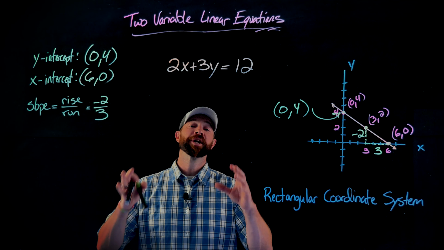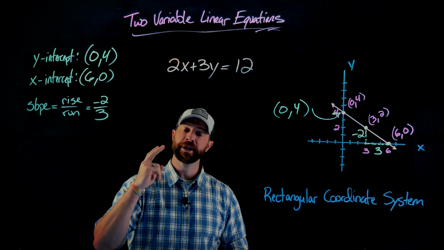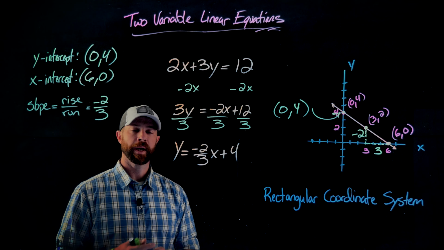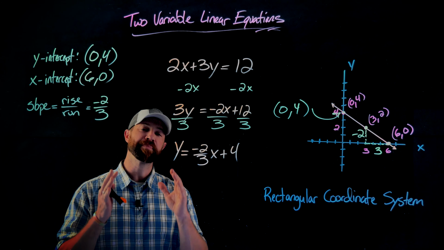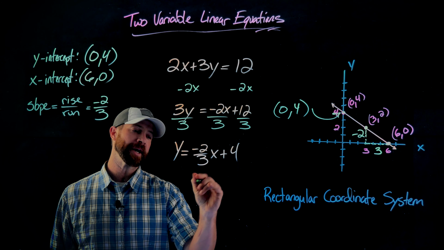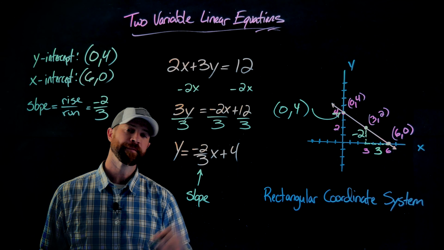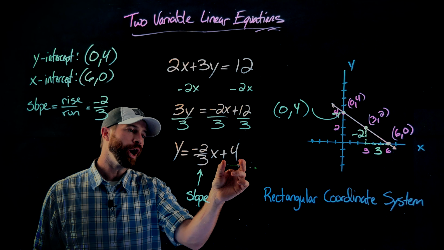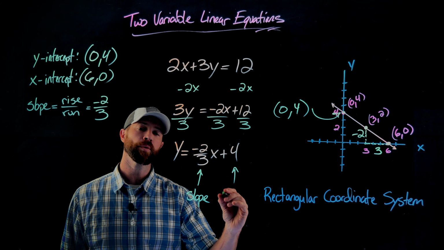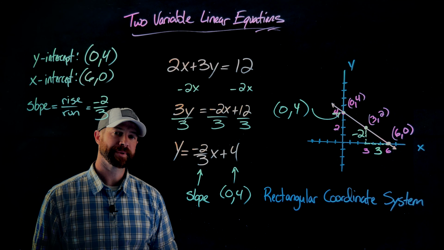Now it's time to show you something pretty awesome. If I take this linear equation in 2 variables and I solve that equation for y, I will always get this beautiful fact. The coefficient in front of my x value will always be the slope for my line, and the constant being added here afterwards will always be the y value of my y-intercept.